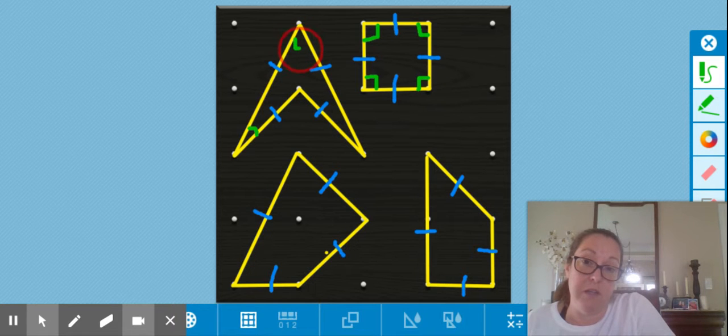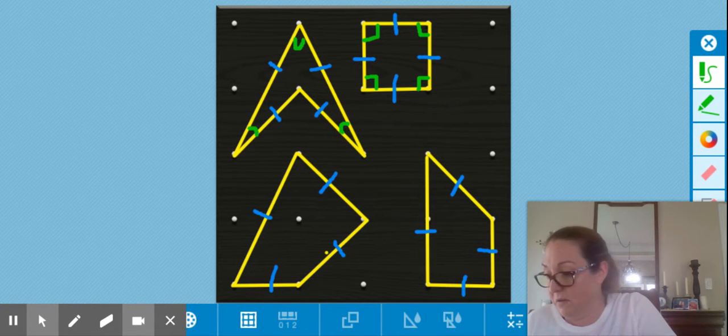You have this angle here, and that is not big enough to be a right angle. You have this angle here, and that is not big enough to be a right angle. And then look at this angle right here that's created right here. This one is a little bit tricky. This one is a right angle. Look at that. So I'm going to indicate it like that.